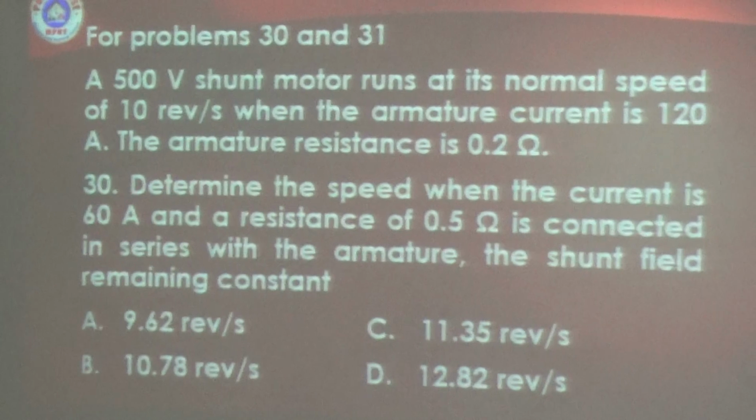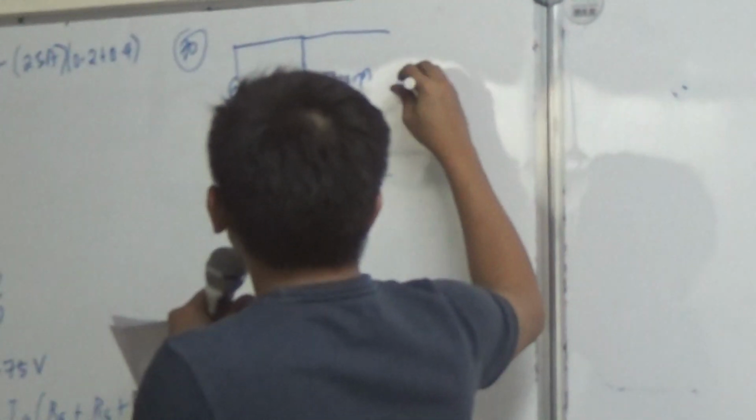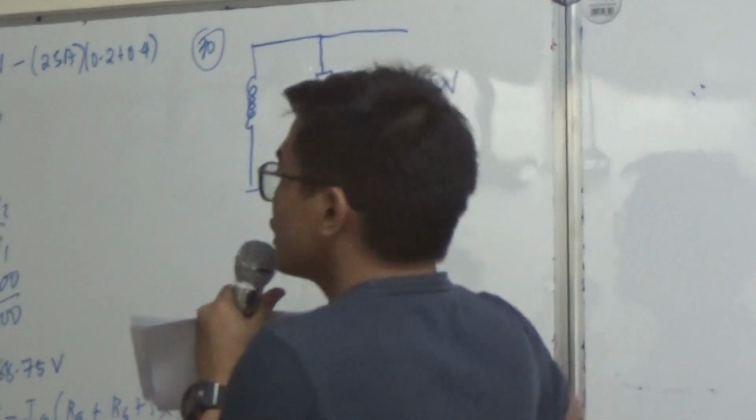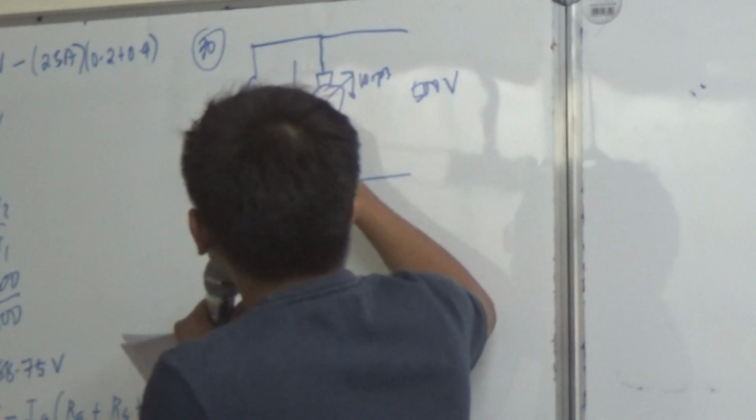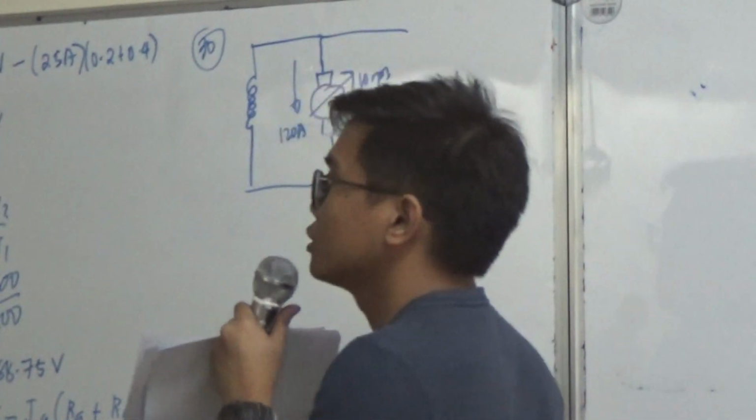For number 30 and 31, no? 500 volt shunt motor runs at its normal speed at 10 revolutions per second. So ito daw 10 RPS, 500 volts, when the armature current is 120 amperes and the armature resistance is 0.2 ohms.